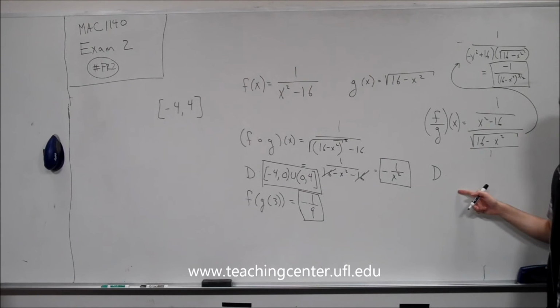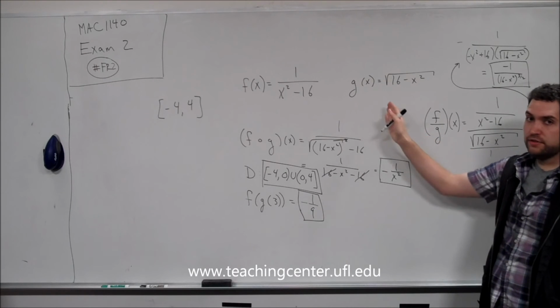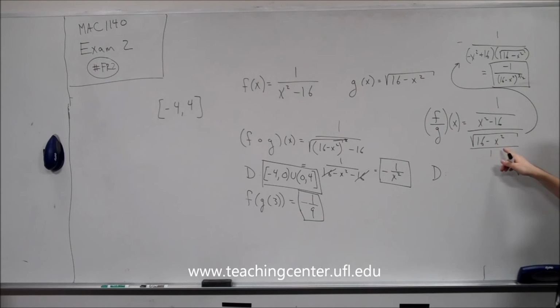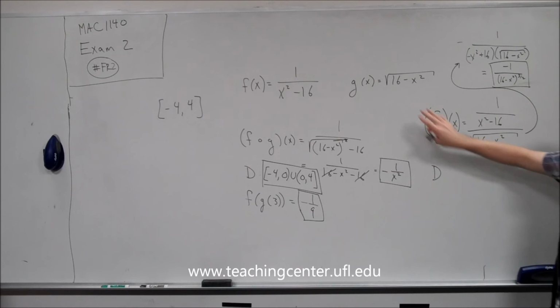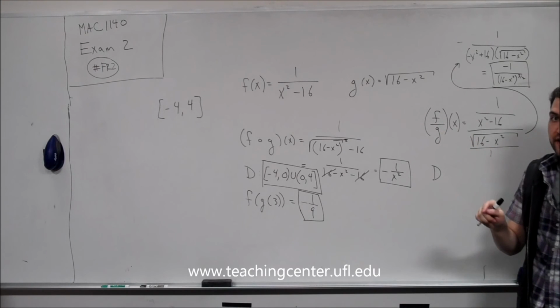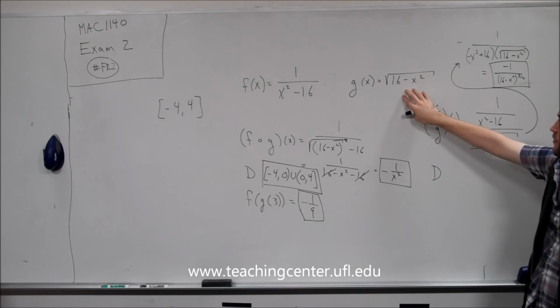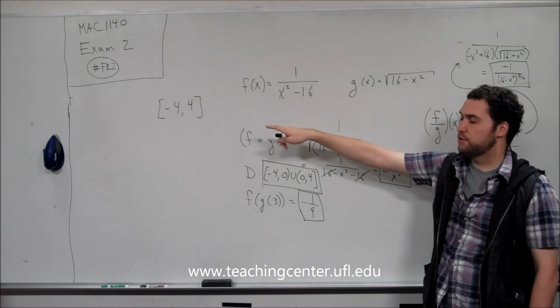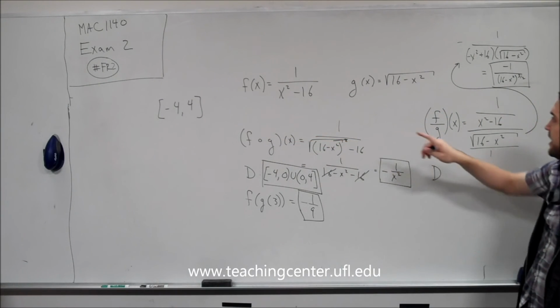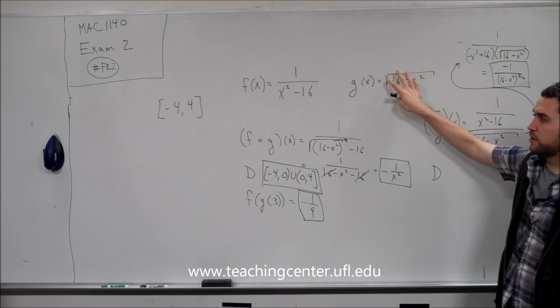Now what's the domain of this function? Well, the domain of this function is the domains of these functions, but we also know that g can't be equal to 0. While g can equal 0 originally, that's fine, obviously you can't divide by 0, that would make you undefined. We know the domain of this function already says it's going to be between -4 and 4, but we can't actually equal 4 or -4, because at 4 and -4, this goes to 0.